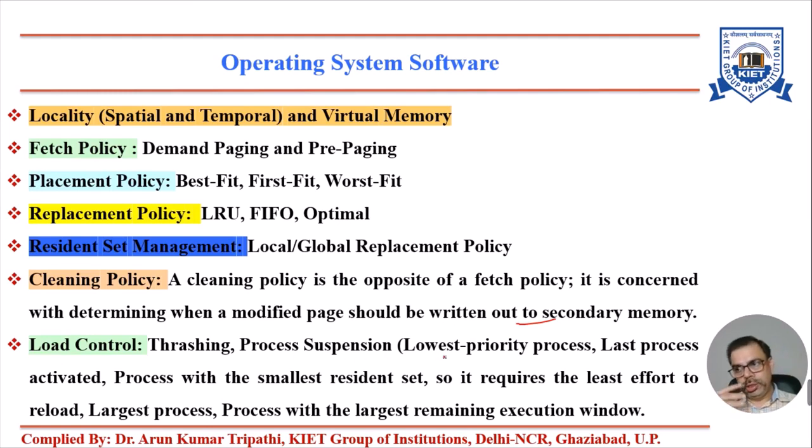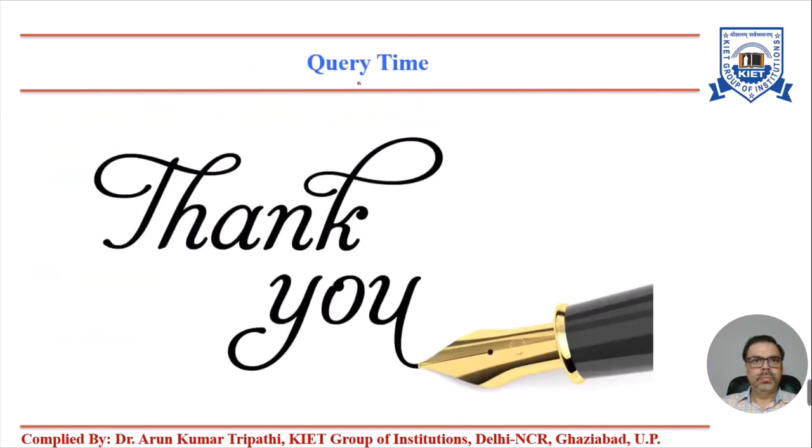If the CPU utilization is decreasing continuously, we have to control the load, which means we have to swap out some of the processes that are executing at present to increase the CPU utilization, and so on. So these are some of the parts that we have already covered in previous lectures, which come under the section operating system software. So this is from my side. Thank you.